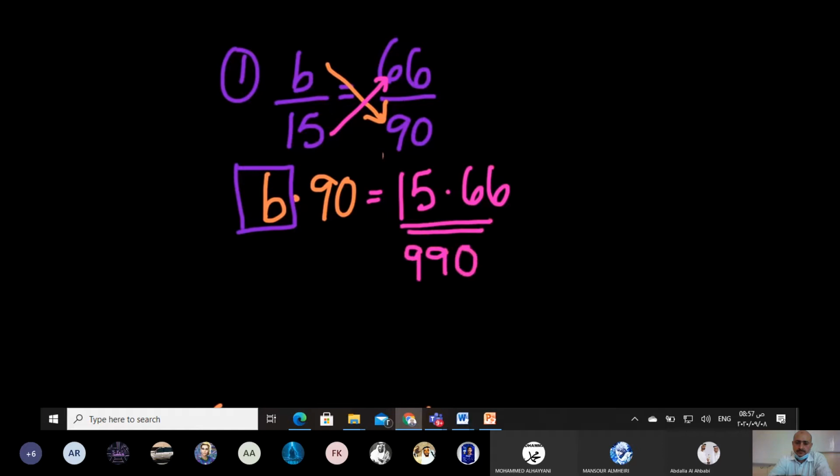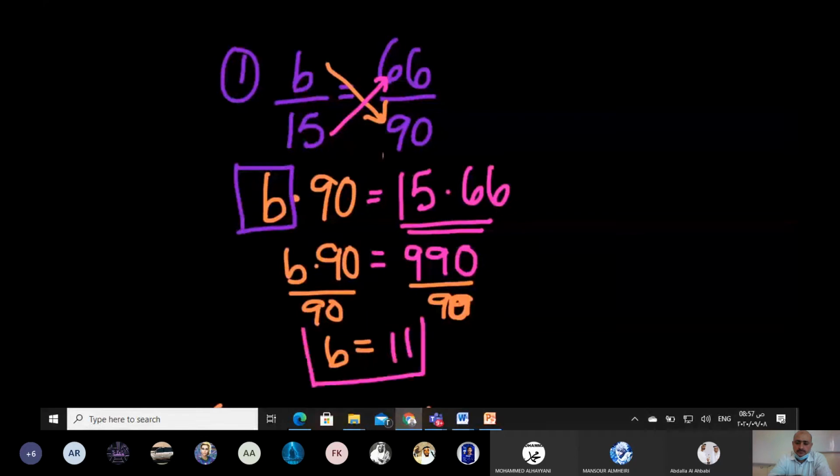It equals 990, and that is equal to 90 times b. And then b is being multiplied by 90, so we can divide by 90 on both sides, and we will get b is equal to 11.